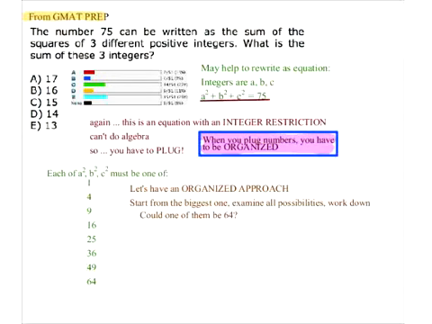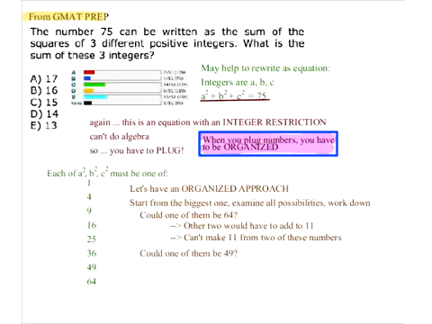Well, if one of them is 64, the other two would have to add up to 11. If you look at these squares, you can get 1 and 9, but that's 10, it's not 11. You can't make 11 from two of these numbers. So 64 doesn't work.